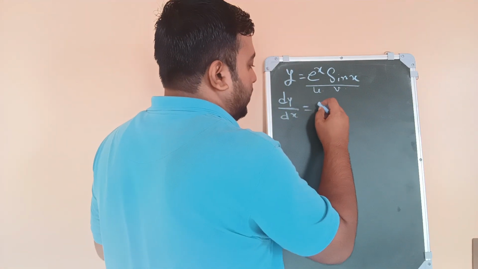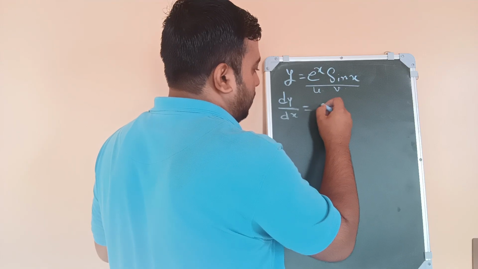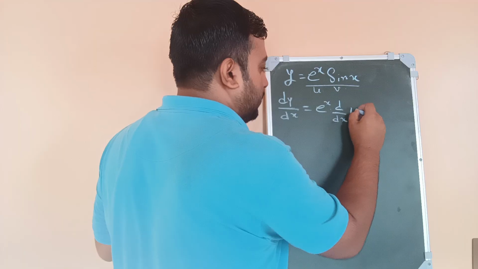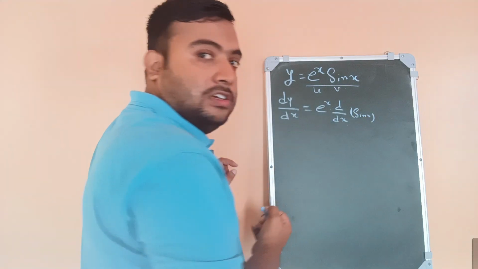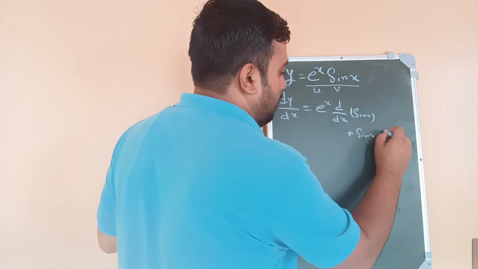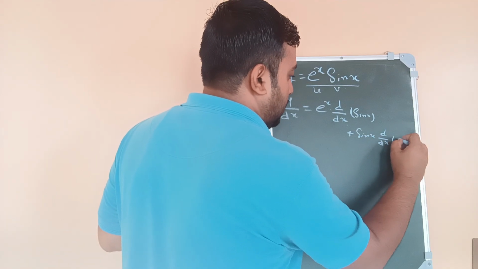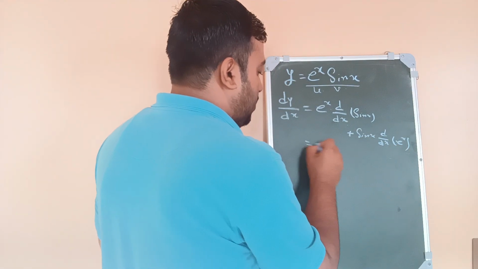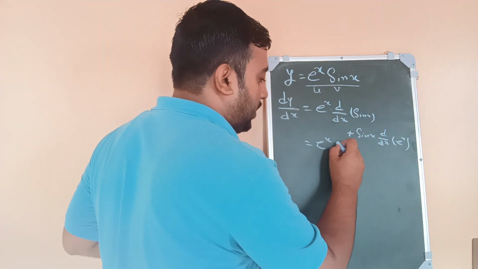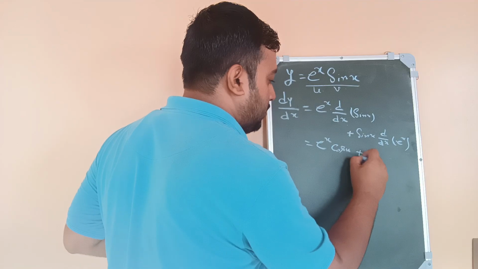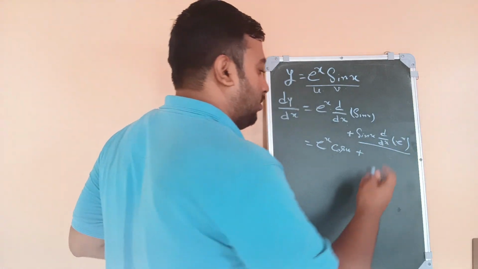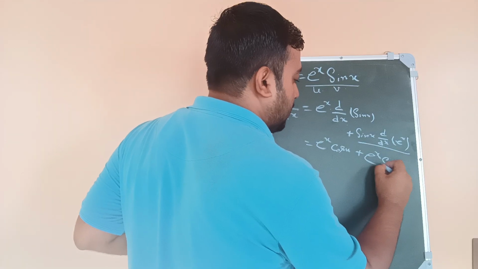So we can say e to the power x into d/dx of sin x plus sin x into d/dx of e to the power x. So this will be e to the power x times cos x, since d/dx of sin x is cos x, plus sin x times e to the power x, since the derivative of e to the power x is unchanged.